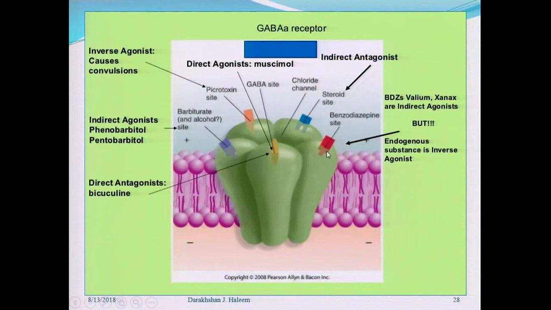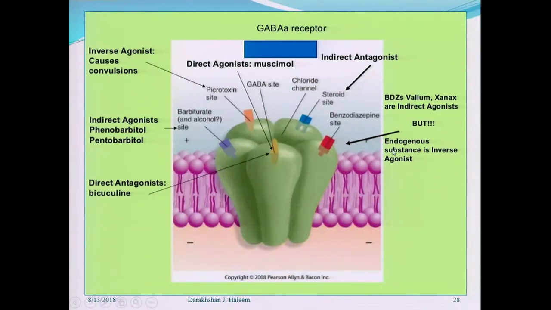Benzodiazepines' binding site is also there, and when benzodiazepines bind, again the activity of GABA at these receptor sites increases. Means we have got an effect on increasing the duration of opening of the chloride ion channel. Benzodiazepines bind with these sites, but an endogenous compound similar to benzodiazepine is not present.